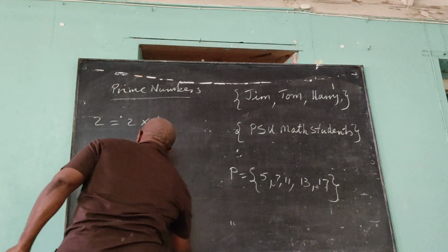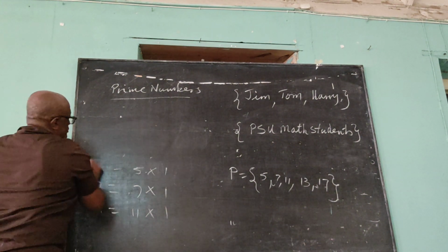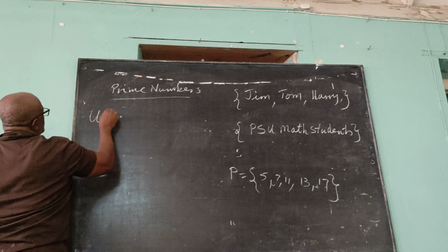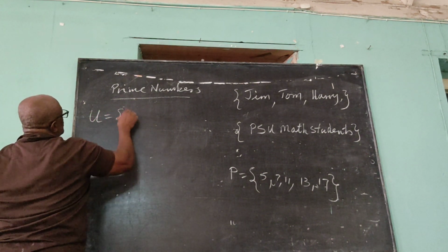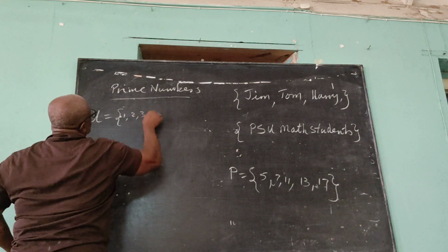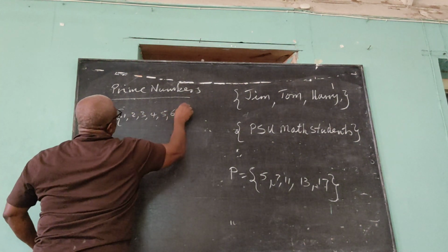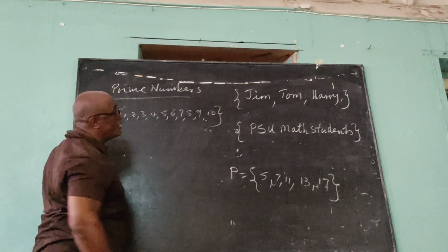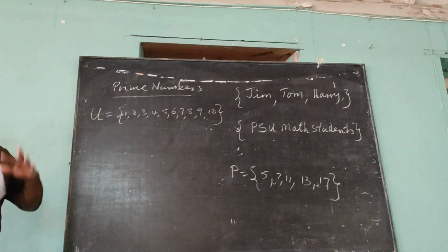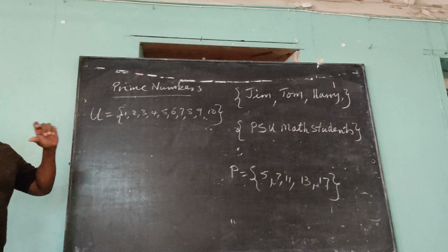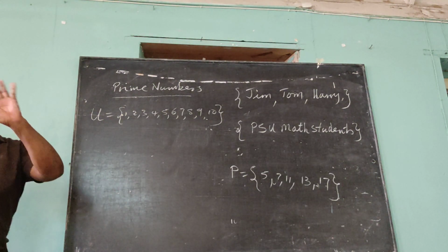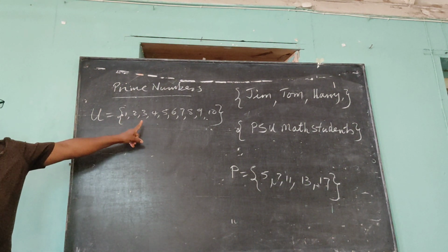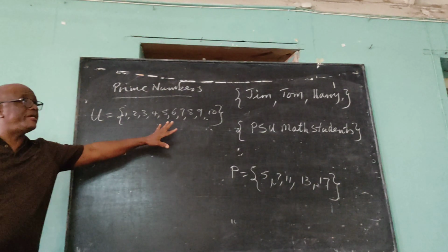If I write this on the board, I am giving you the numbers that we are considering. That's the universal set. So whatever you do must come out of this. This is the parent set.